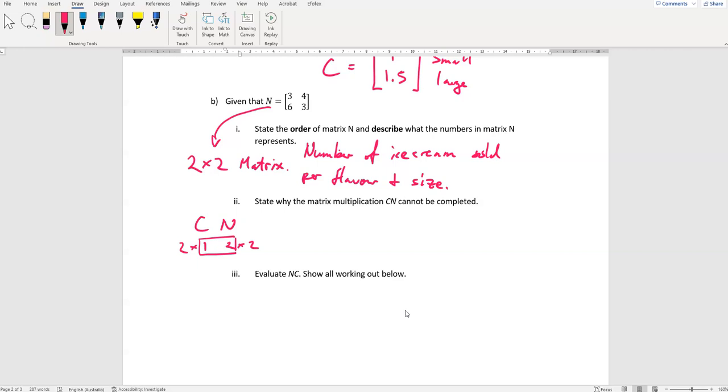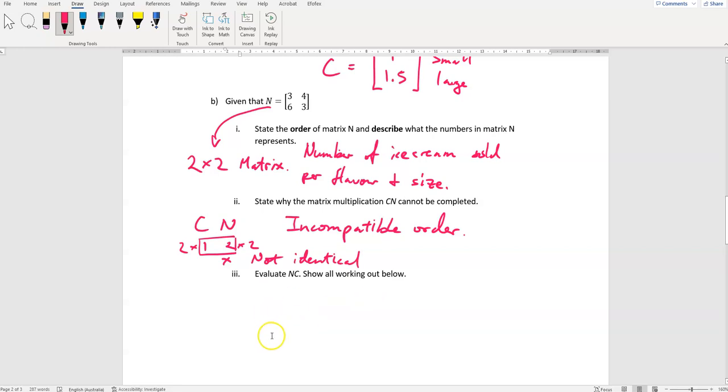Right? So it cannot be done. Not the same. Alright? So incompatible order. If you tried it on the calculator it will say no. You say order error or something like that. Okay? So not the same. Not identical.